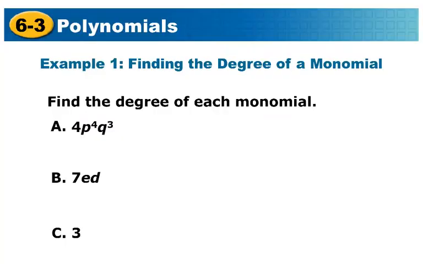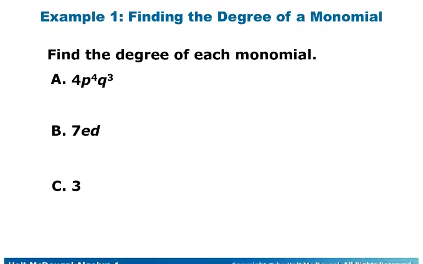All right, taking a look at some examples here, we're going to find the degree of each monomial. This one has exponents of 0, 4, and 3, and so 0 plus 4 plus 3 makes 7 for your degree. The next one, a 7, again, a number has a degree of 0, and every variable has a degree of 1.